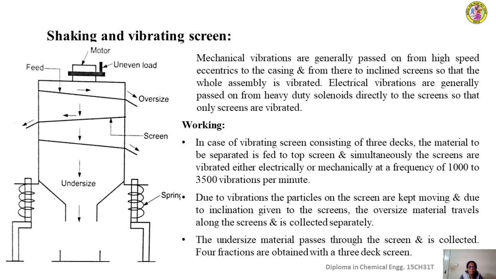Still smaller sized particles, the undersized particles, are dropped out from the equipment to the bottom where they are collected in a separate vessel. So that is how a shaking and vibrating screen can be used to carry out industrial screening operation.